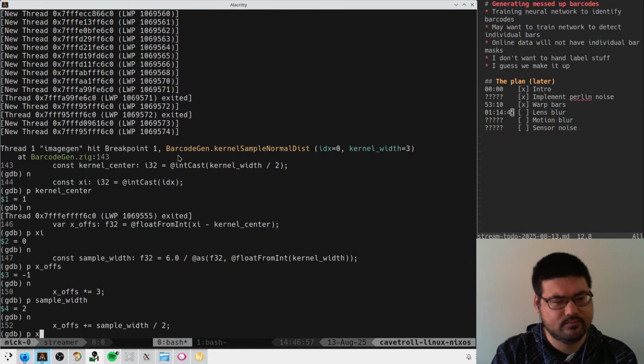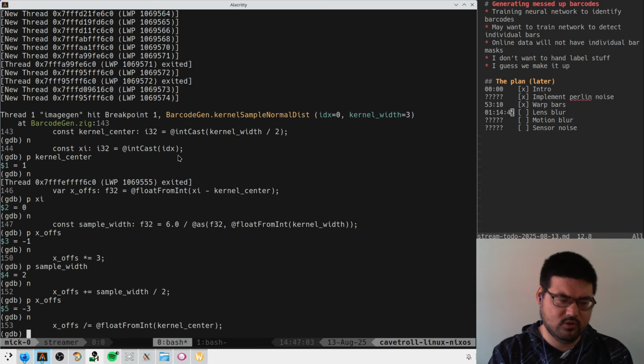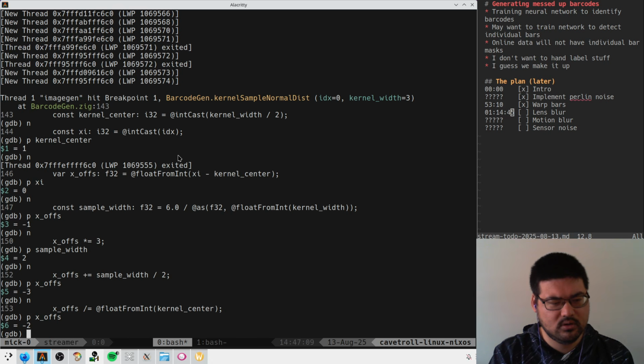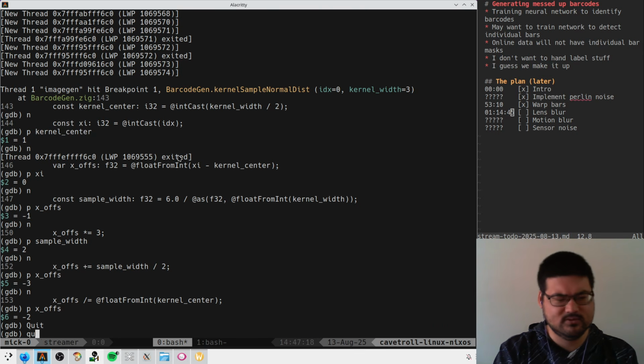Okay. So now this sample is sampling from -3, but that's the wrong spot. So we add the sample width. And then what does this divide for? That seems really stupid.